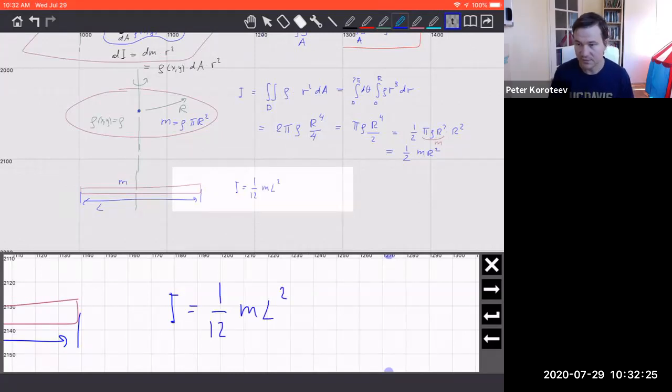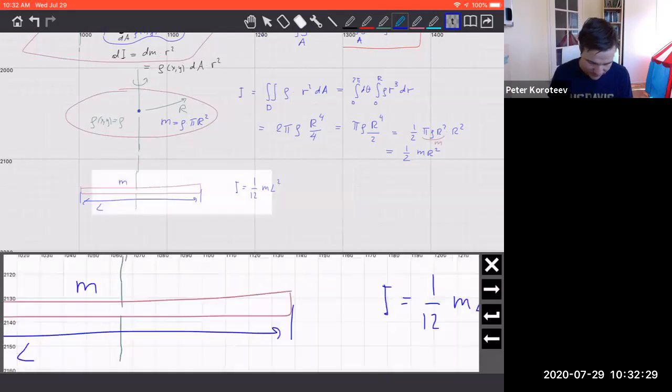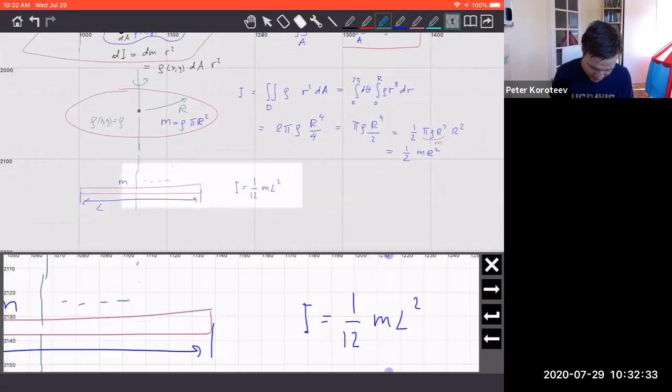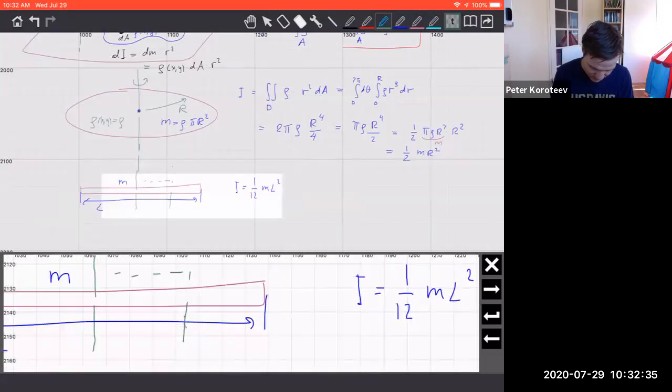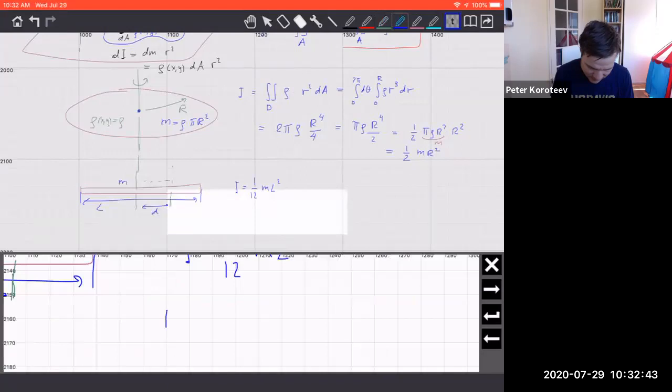And then, what's the parallel axis theorem? That's what Alex is saying. If you shift the axis of rotation by some distance d, then I changes: I becomes I plus M d squared.